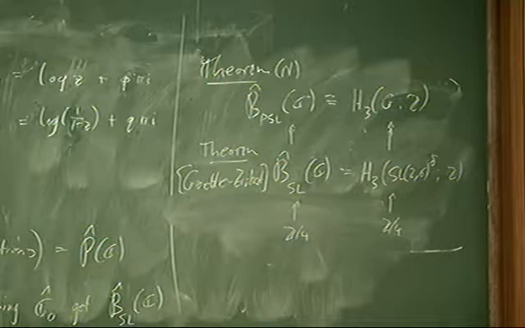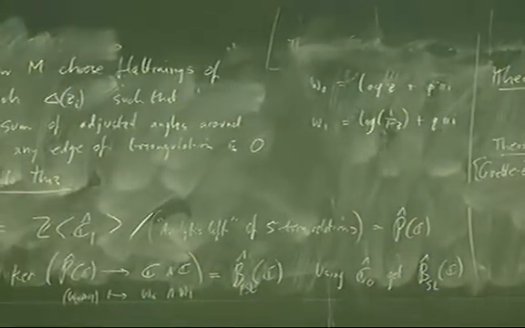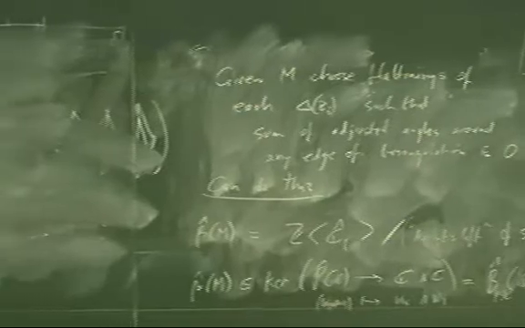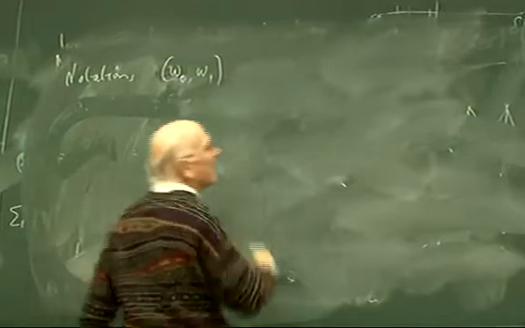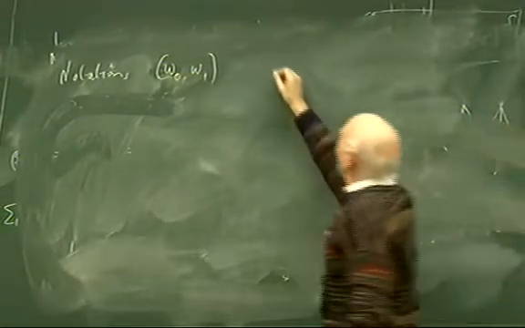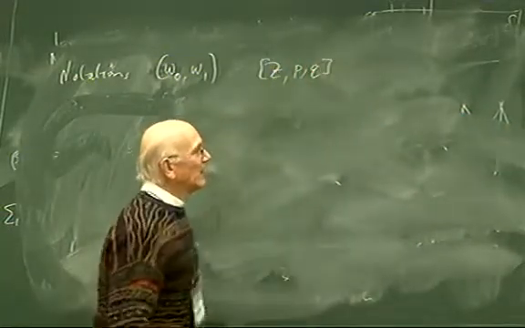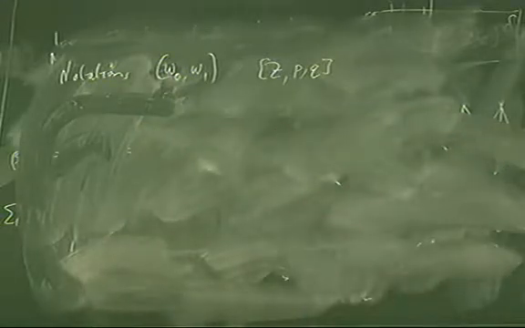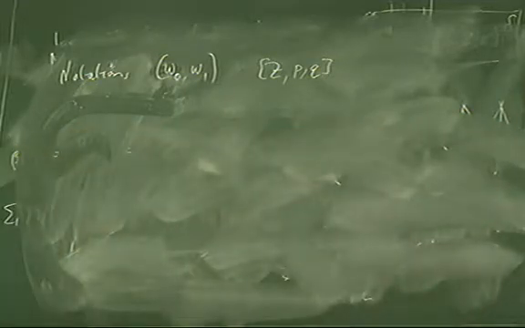I described it once as W0 and W1, but remember it was just adjusting angles by P and Q. So I'll use notations either W0, W1, this pair of complex numbers over here, or I'll write Z, P, Q. Okay? So if I know my Z and my P and my Q, I know W0 and W1, and vice versa. If I know W0 and W1, I know Z and P and Q.